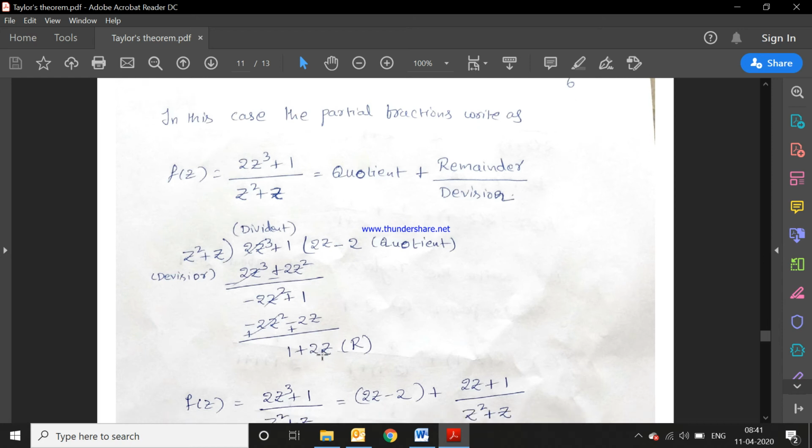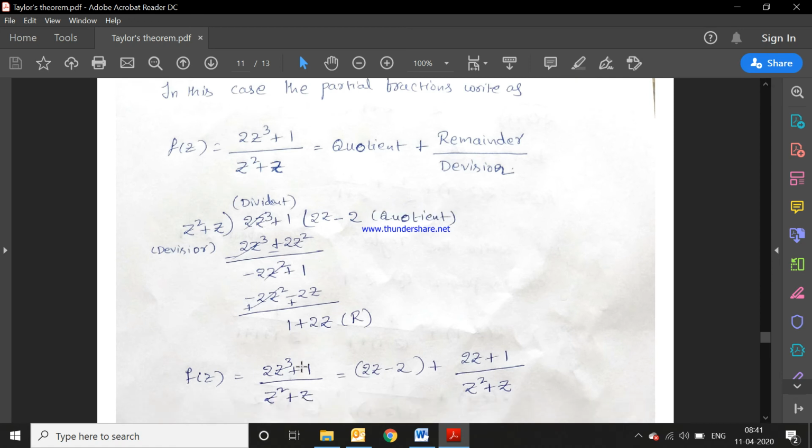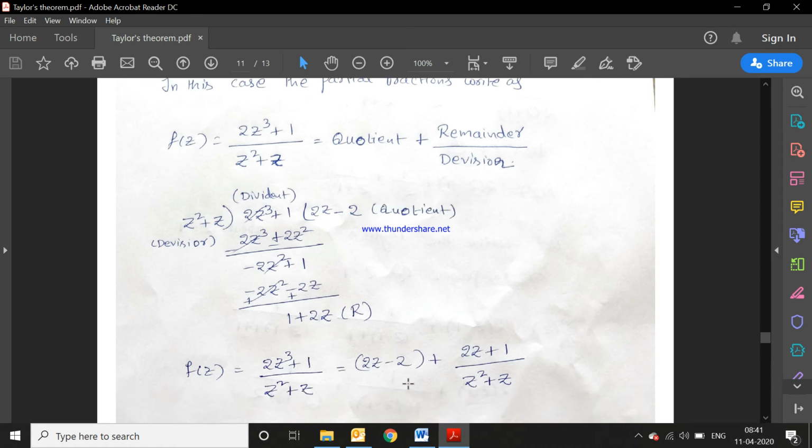So now 1 plus 2z, meaning the z power is 1. Now we can write the form: quotient is 2z minus 2, plus remainder 1 plus 2z by z square plus z. Why do we stop here? The remainder is of power 1.